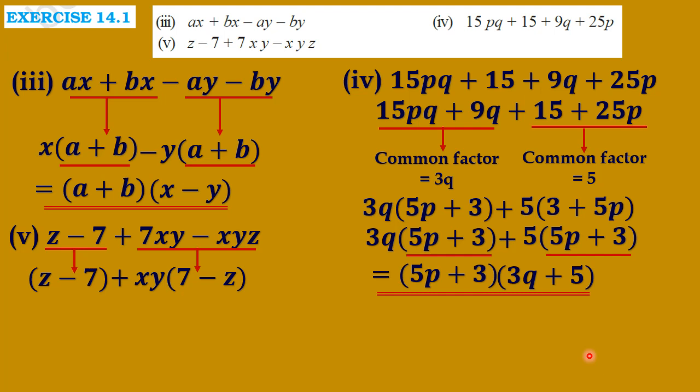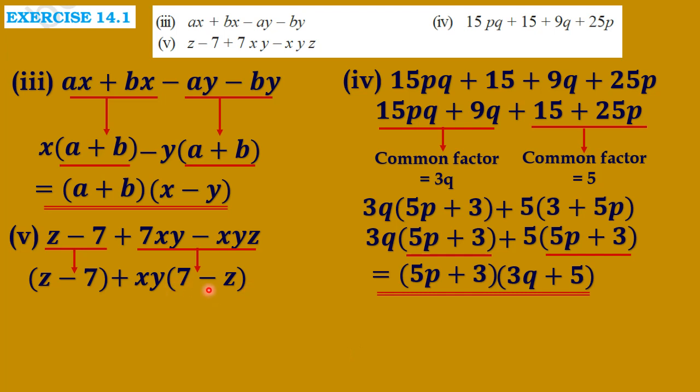Did you understand what the problem is? z minus 7 and 7 minus z are not equal because subtraction is not commutative. So we cannot say z minus 7 is equal to 7 minus z. That is not possible. So how will we factorize this? We want both the same. So here also we need z minus 7.